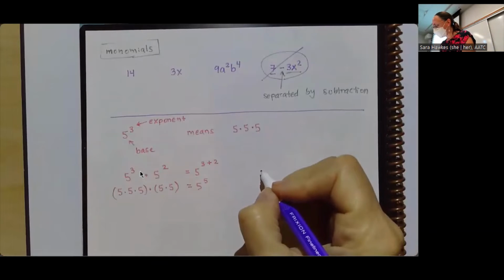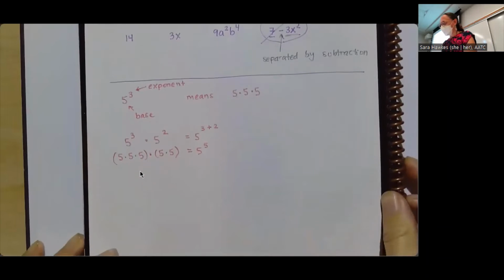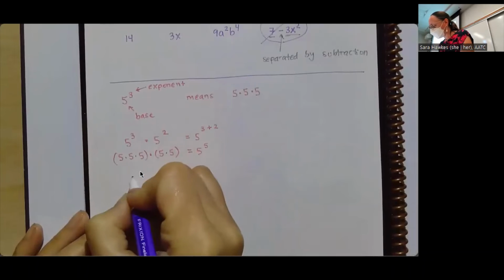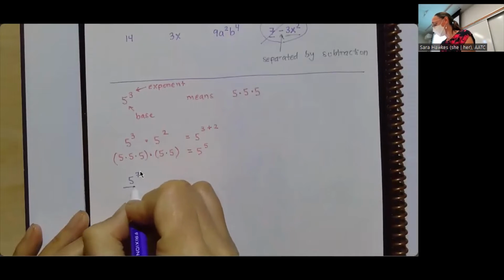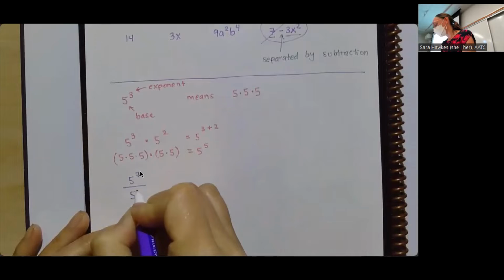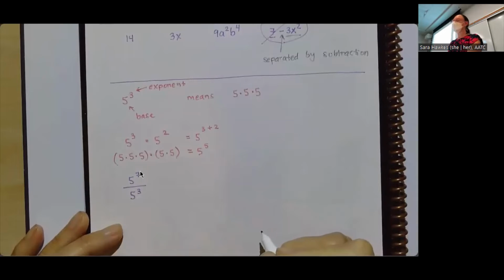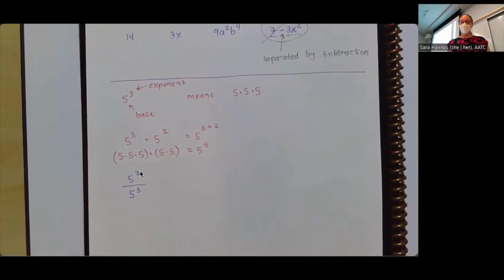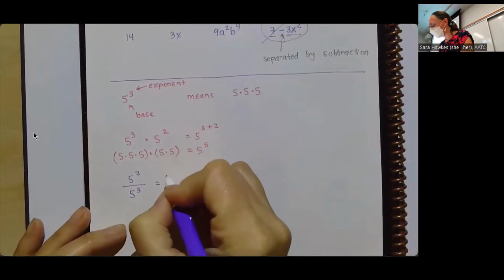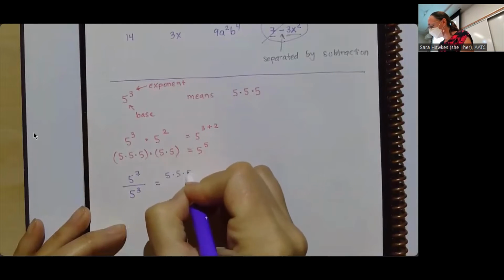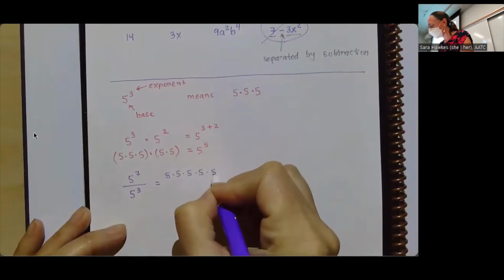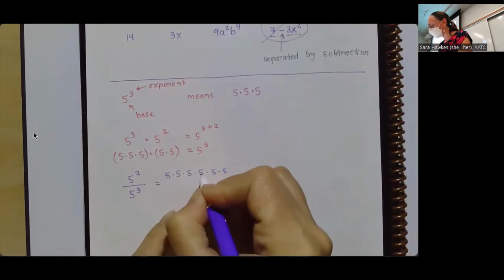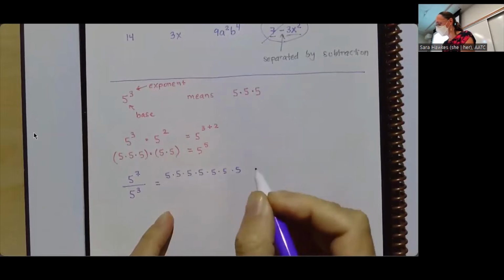If I had something like 5 to the 7th divided by 5 cubed, if I write out all of those individual 5s on top, I've got 5 times 5 times 5 times 5 times 5 times 5, 1, 2, 3, 4, 5, 6, 7.